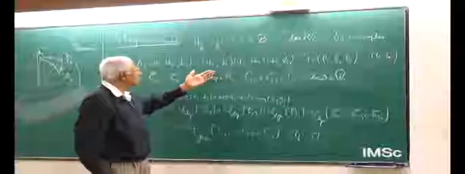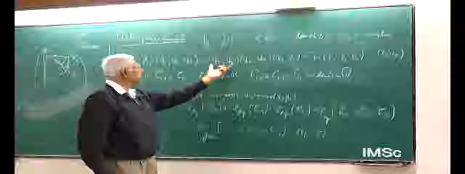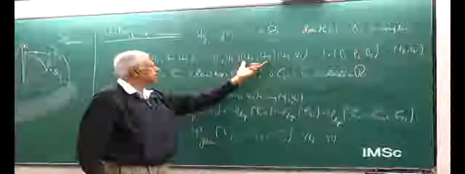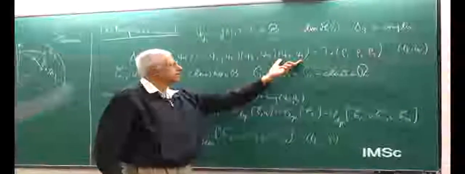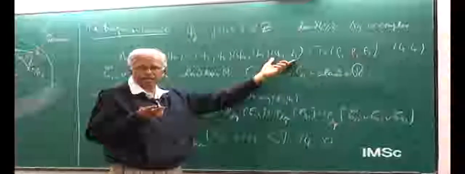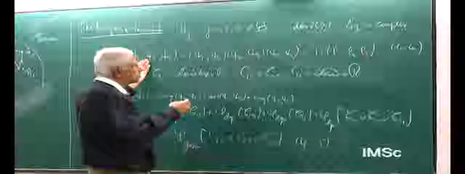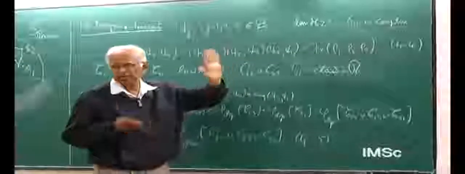If you adjust phases so that the first factor is real positive, and then adjust psi 3 so that this factor is real positive, you are stuck. You cannot tamper with this third factor. If the left hand side happens to be complex to begin with, the phase of that must show up in the third factor. That is the main thing.